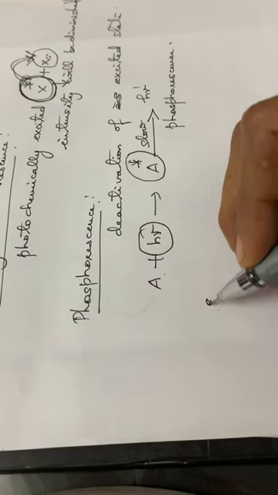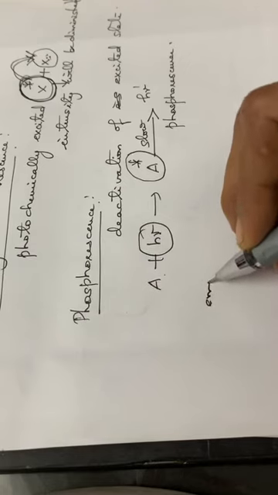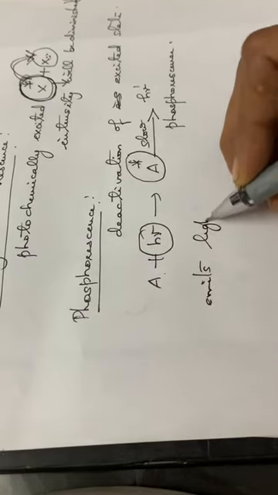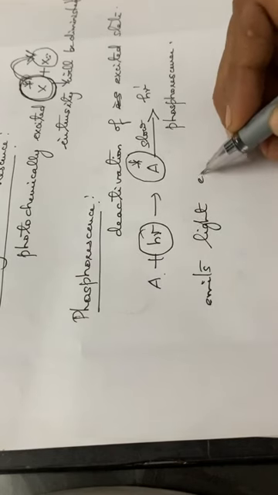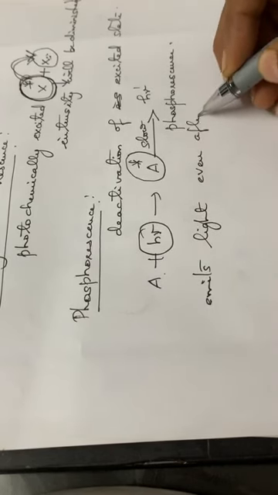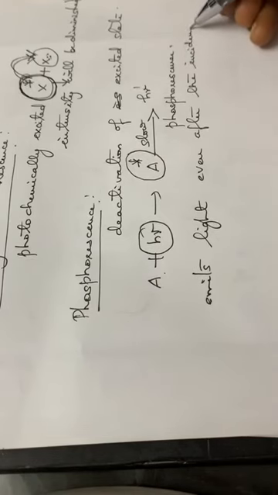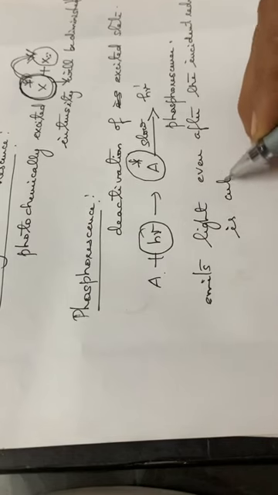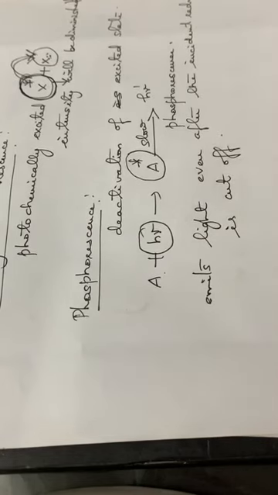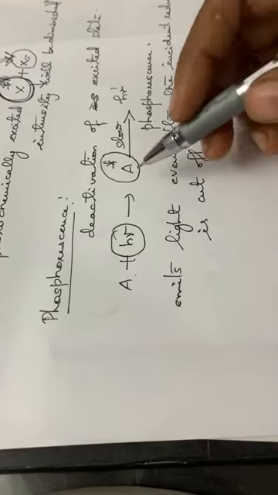So it emits light even after the incident radiation is cut off. This phenomenon is called phosphorescence.